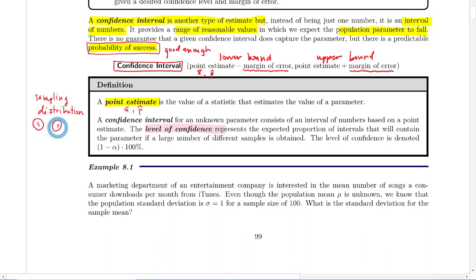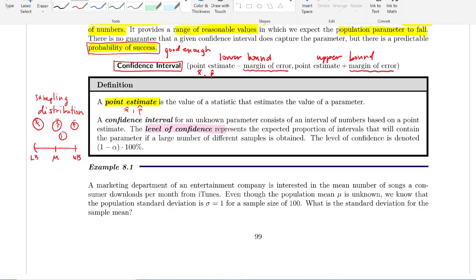So here's a sample, here's a sample. No matter how many samples I take, here's mu, and we're using all of these x bars, and we say the probability of success is so high that you can expect the population mean to be between this lower bound value and this upper bound value.